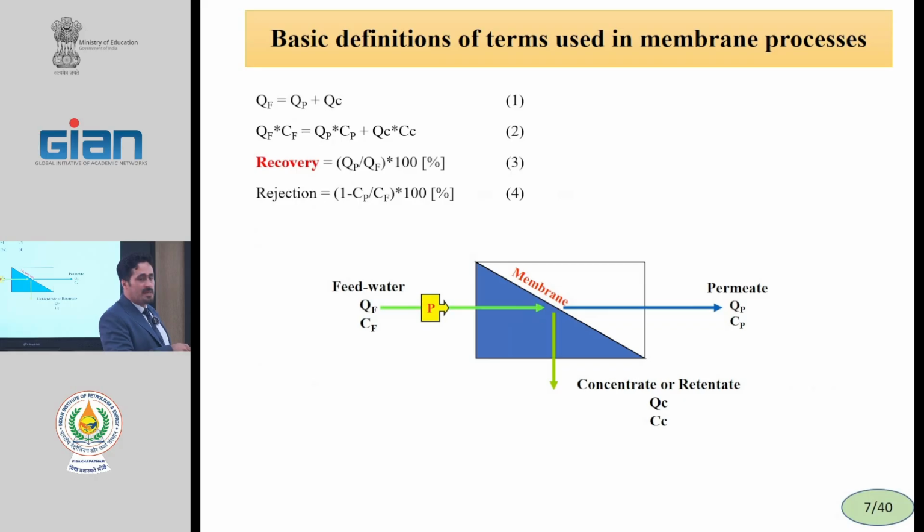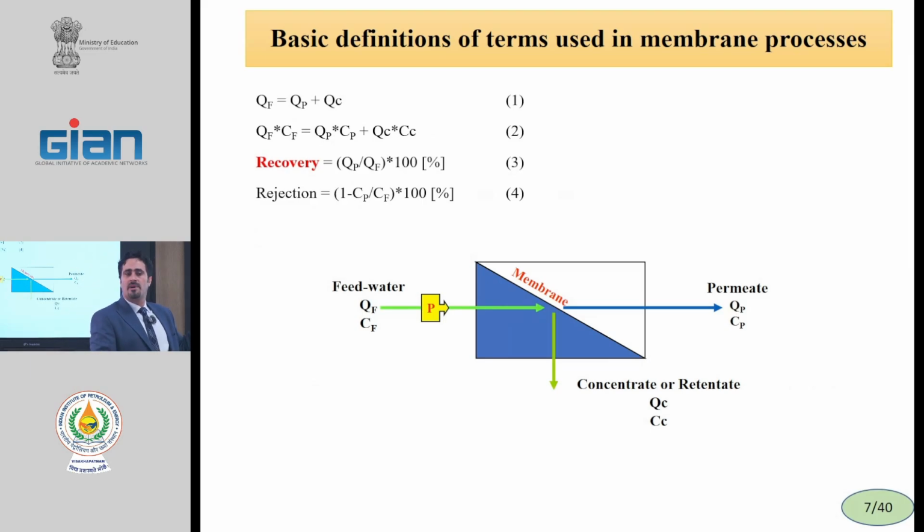One is the permeate that passes through the membrane, and the second stream is the concentrate, or retentate, or rejected stream. We have one entrance divided into two streams: one is permeate, and one is concentrate.